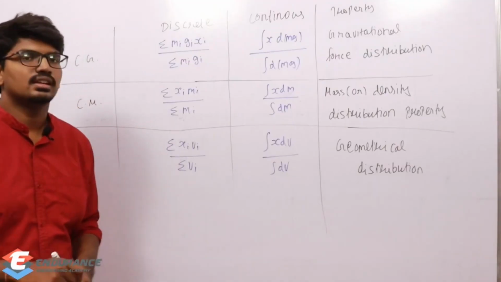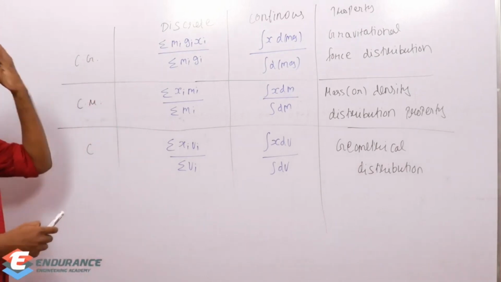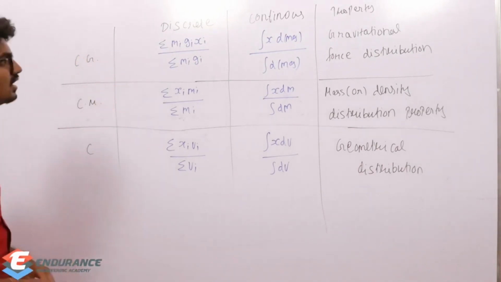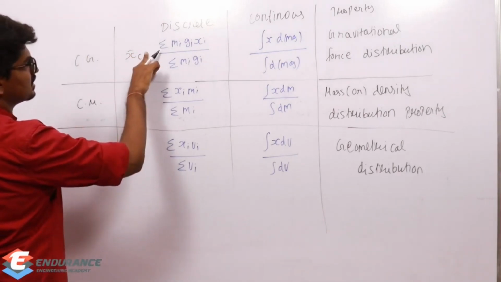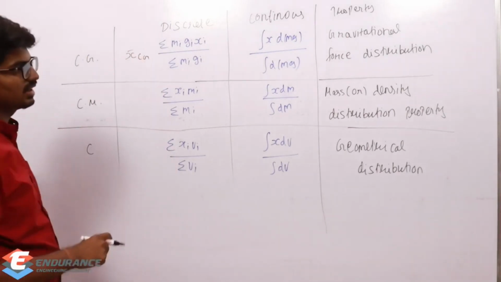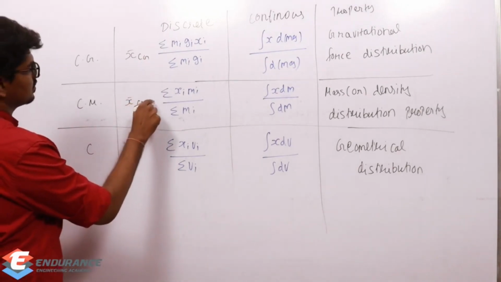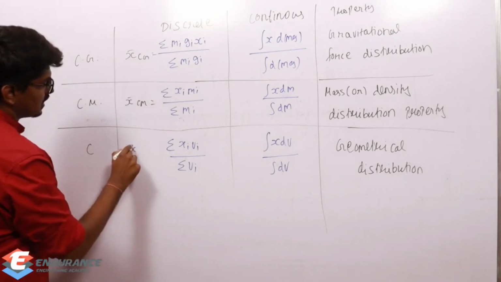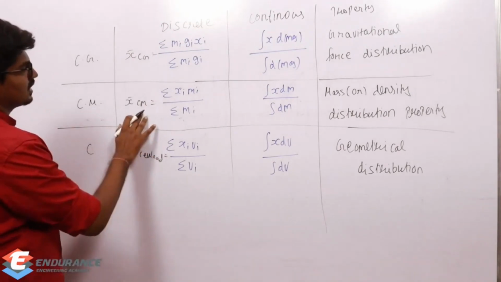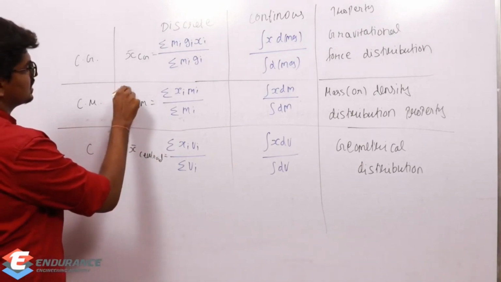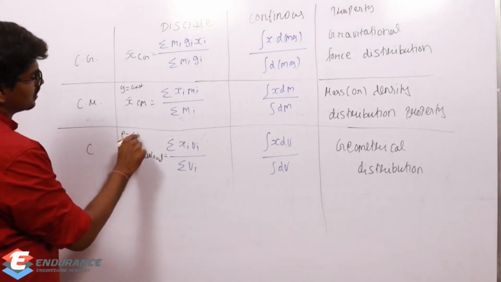So the final conclusion, the final formulas which we are going to get: center of gravity is going to be x bar Cg. I'm just writing for x bar, you can write it for y bar also, and this is x bar Cm, and this is x bar centroid. Here for center of mass, G is constant, and for centroid, density is also constant.